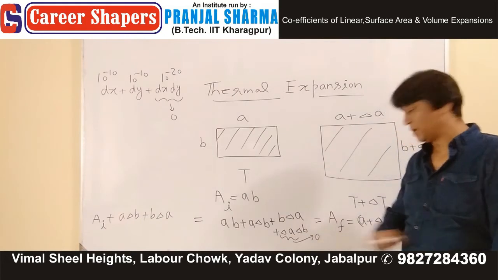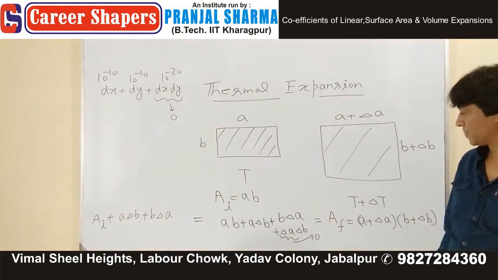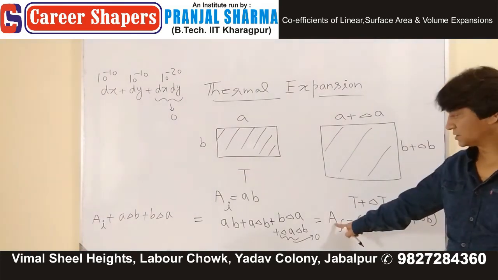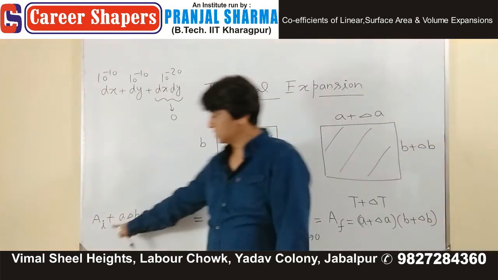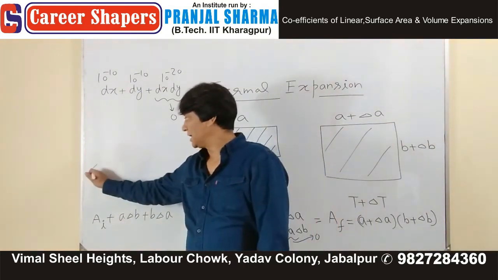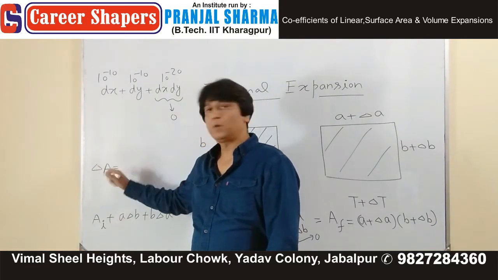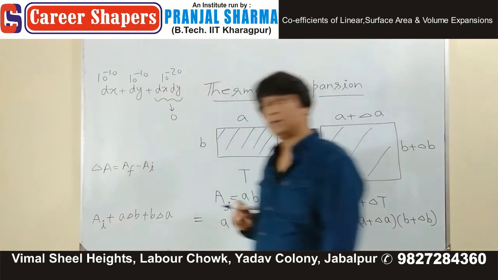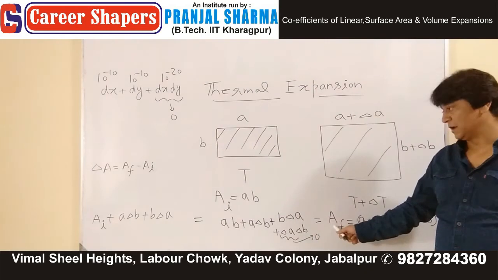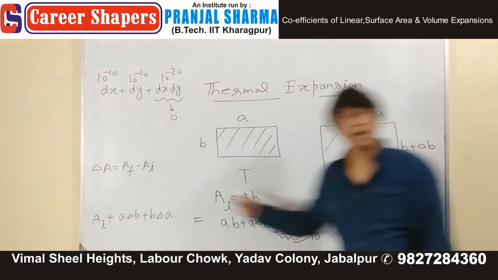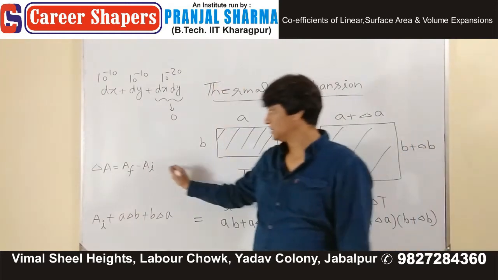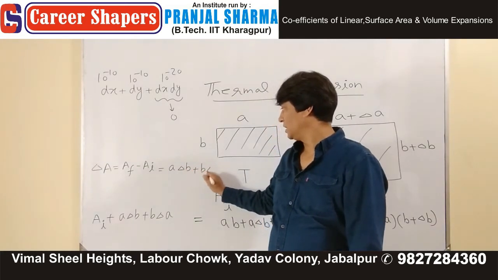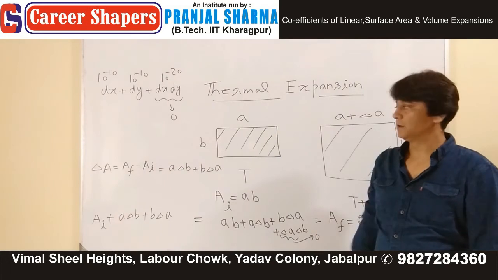Forget about this term. Now, if this is almost 0, then this is A final, and this is A initial. So we can write delta A, which is A final minus A initial, is A into delta B plus B into delta A.